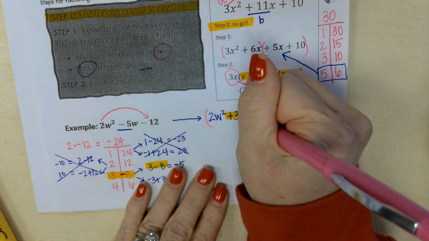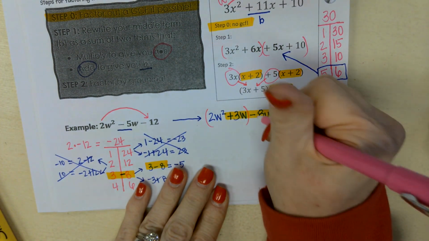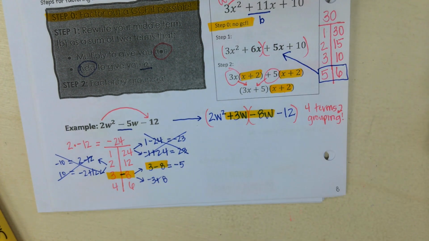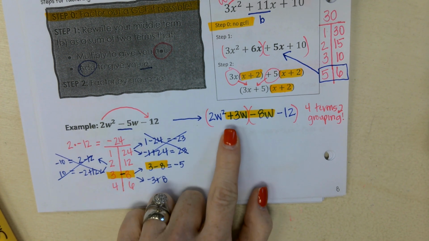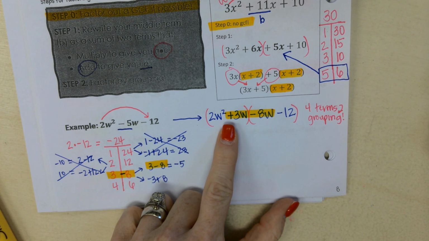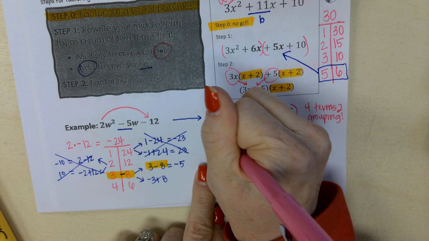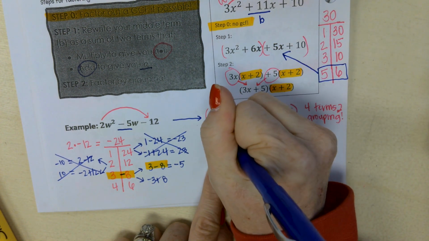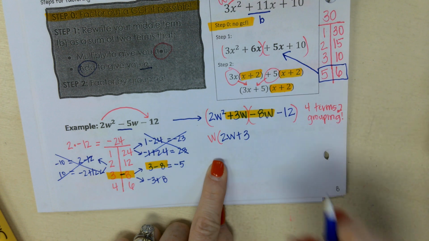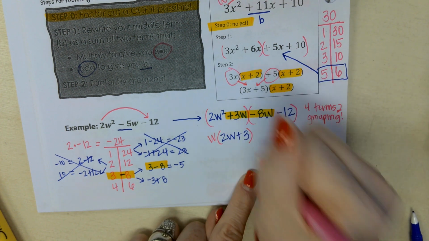So I'm going to group the first 2 terms and the last 2 terms. What can I take out as a GCF of this first group? A W. Okay? Now, taking out that W leaves me with a 2W plus 3 on the inside right there.